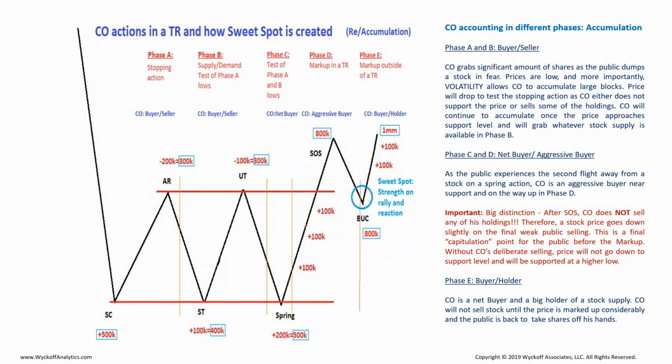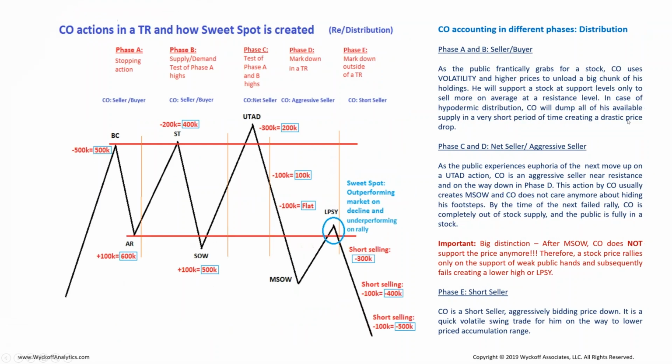Let's look at the distribution, and the same behaviors by institutions here. Their goal now is to get rid of 1 million shares. How would they do this? They want to do this on the points of excitement. For instance, into the climactic run, they can sell 500,000 shares, getting rid of half of the position.